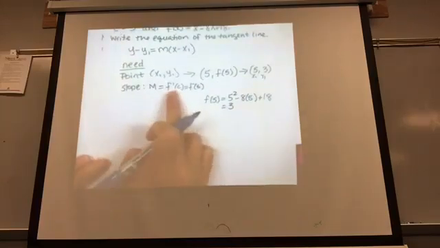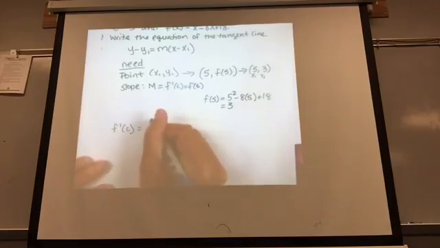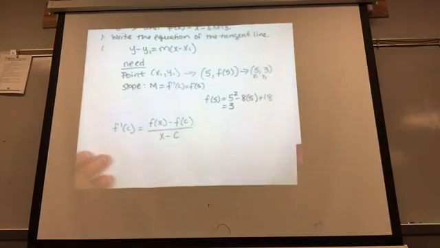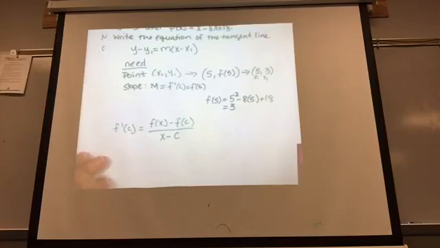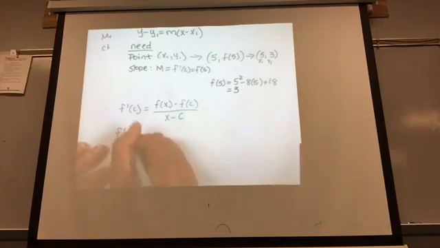And so we just wrote the equation for f prime of c. So let's start with that. F prime of c is equal to f of x minus f of c over x minus c. And so now we're just going to simplify it. I'm finding the slope at c equal to 5. So I have f prime of 5.